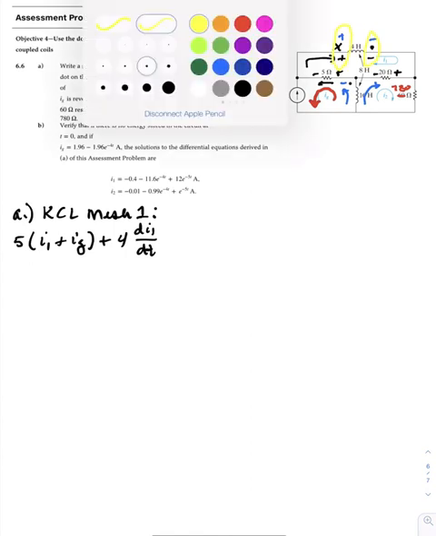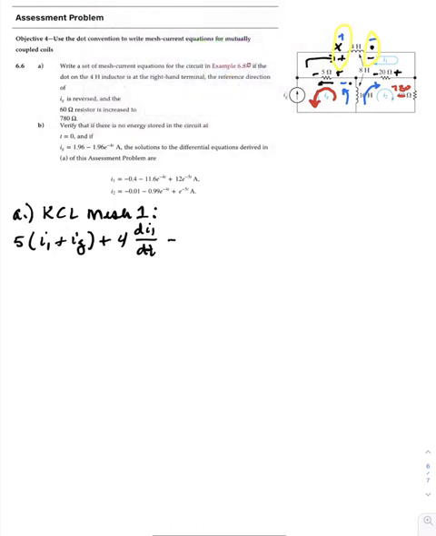So it would be plus 8 derivative of I sub 2 plus I sub g over dt. And we move to our 20 ohm resistor, so plus 20 times I sub 1 minus I sub 2 equals 0.